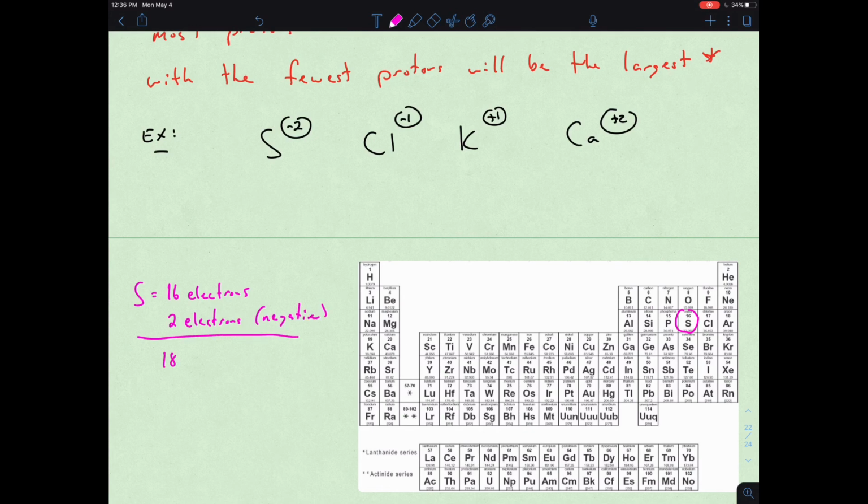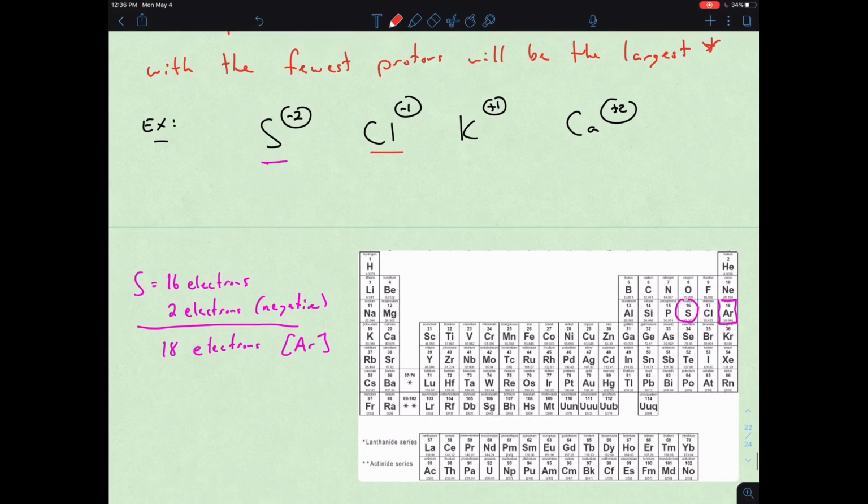So we have a total of 18 electrons, which is like argon, right? Argon has 18 electrons. And we find the same thing is going to happen with these other elements as well, right? In terms of the chlorine, we can say the same thing. Chlorine has 17. It has 1 electron because of the negative. But we end up with the same count.